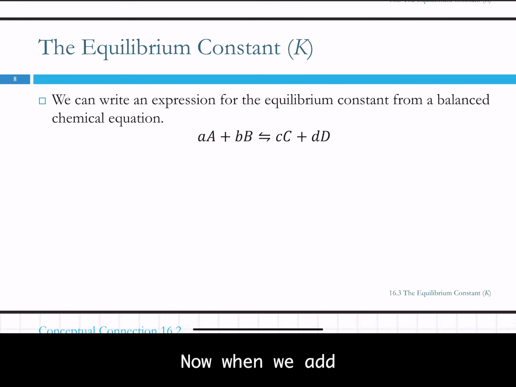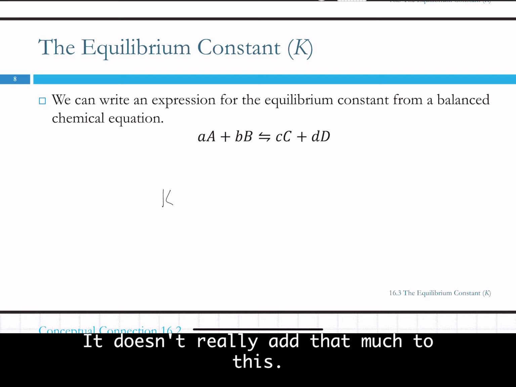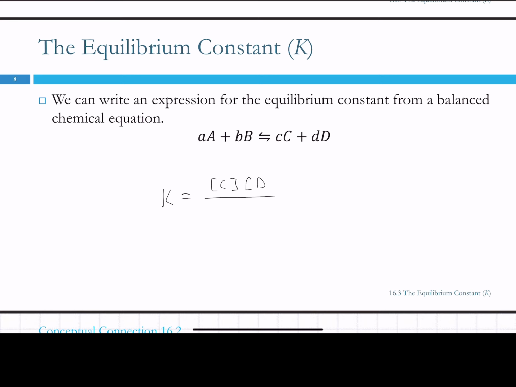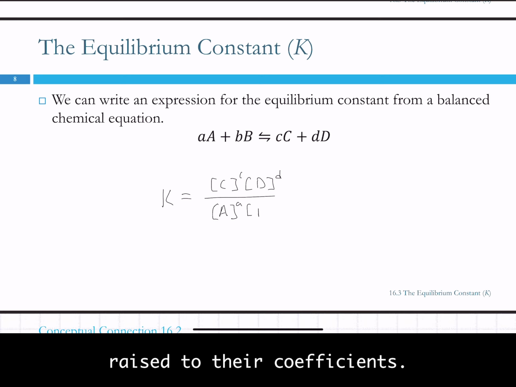Now when we add coefficients, it doesn't really add that much to this. So it's the concentrations of the products raised to their coefficients divided by the concentrations of reactants raised to their coefficients.